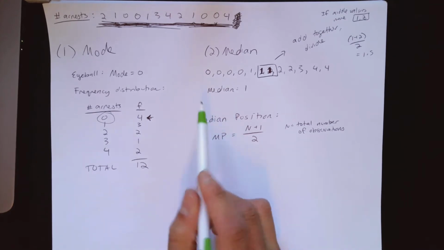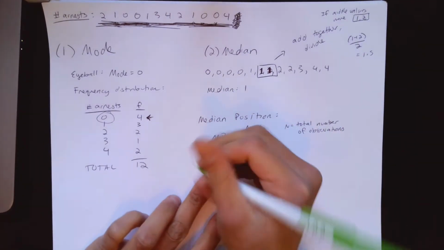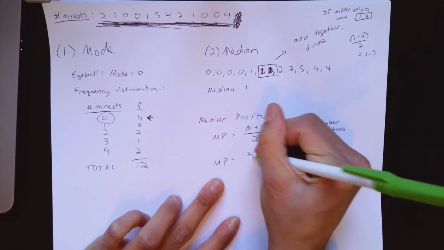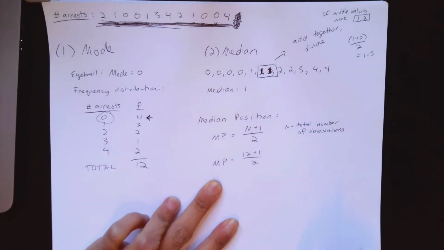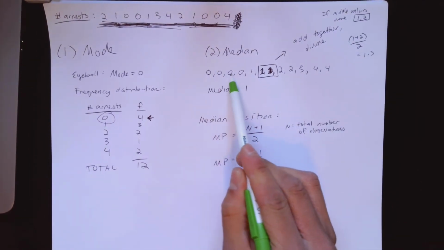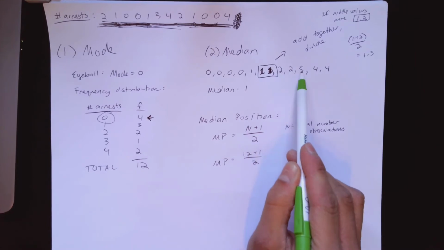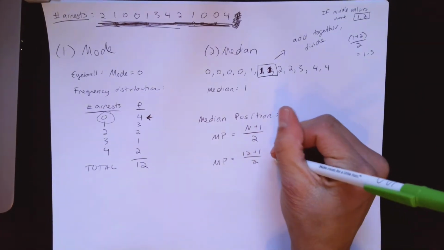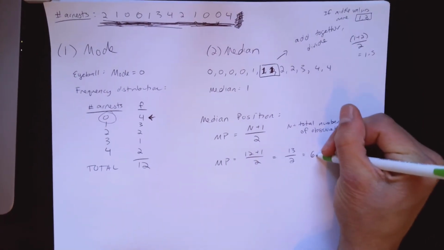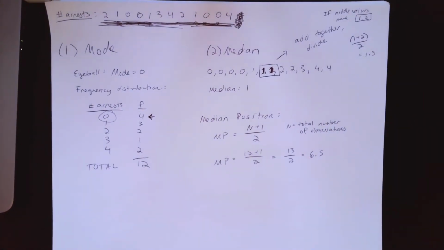So in this particular data set, our median position is going to be found by 12 plus 1 over 2, because we have 12 observations total. So 1, 2, 3, 4, 5, 6, 7, 8, 9, 10, 11, 12. If you do the math, you get 13 over 2, and that comes out to 6.5. So we have a median position of 6.5.